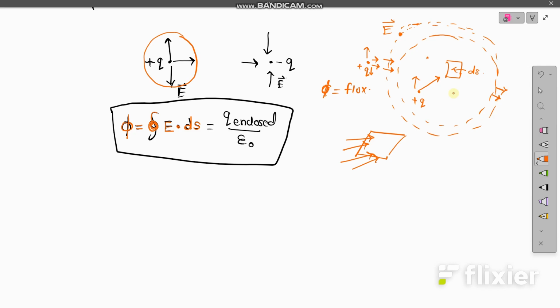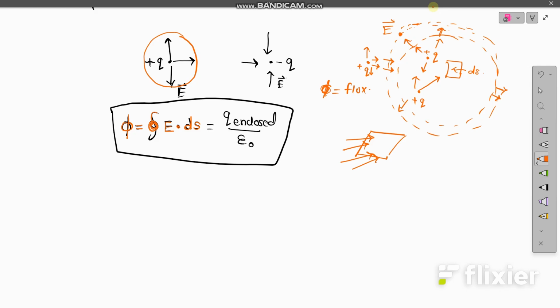But if you consider a positive charge inside, you can see the electric field lines radiating out from the surface, radially outward. So suppose 1, 2, 3 lines are coming out of the surface and nothing is coming inside. That's why we can say that the charge enclosed inside the surface determines the flux through that particular surface.